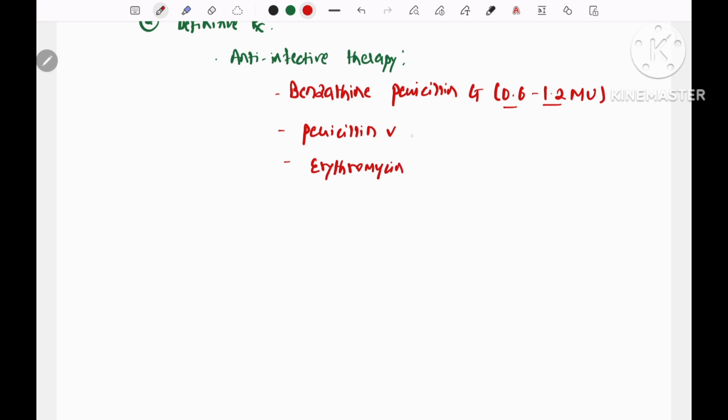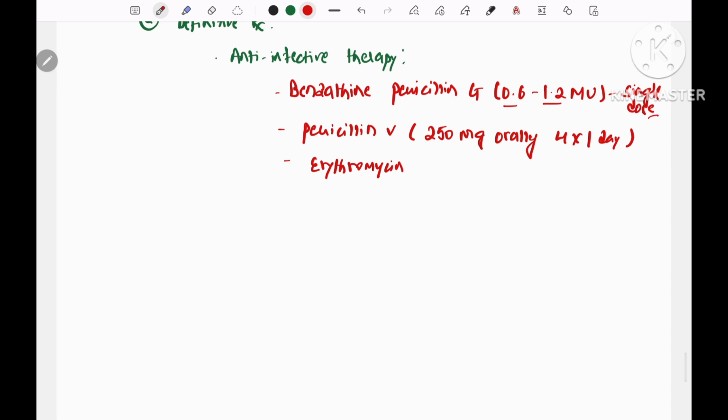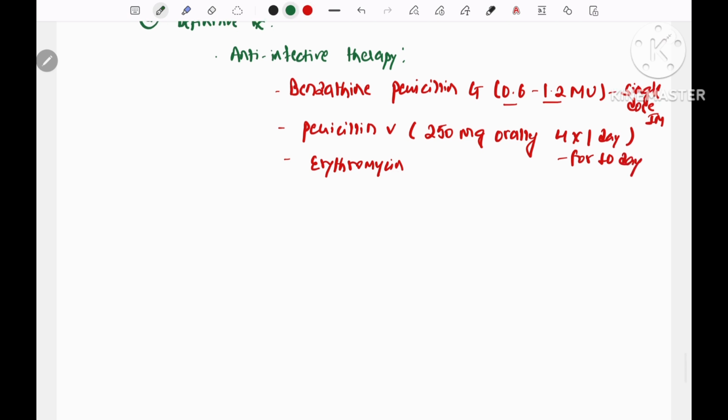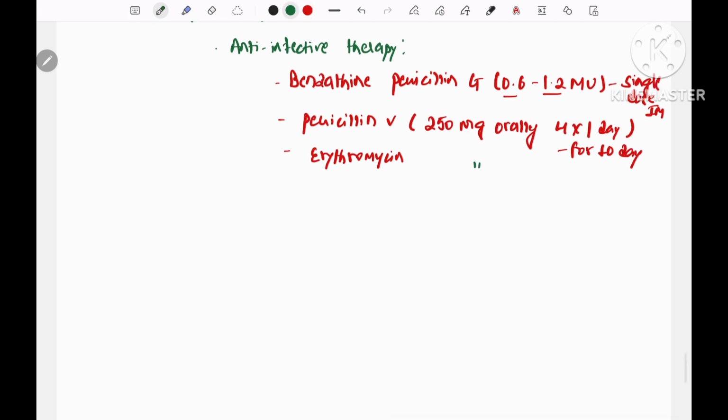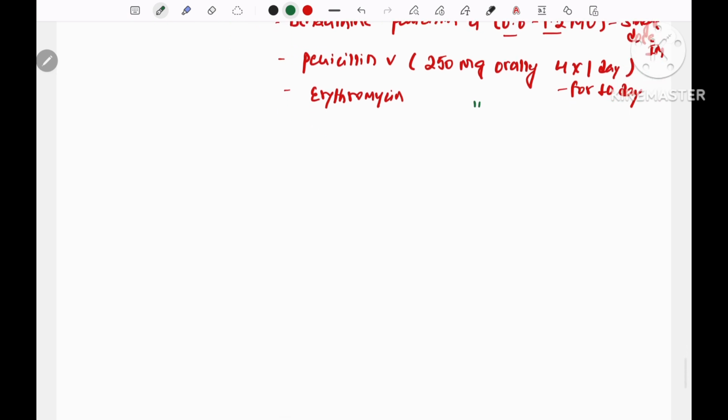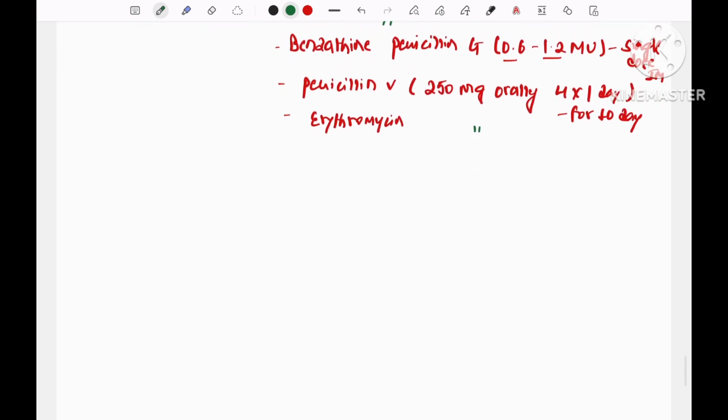The dose for penicillin V is 250 mg orally 4 times per day for 10 days, while benzathine penicillin is a single intramuscular dose. The dose is the same for erythromycin, that is 250 mg orally 4 times per day for 10 days. That is the anti-infective therapy.